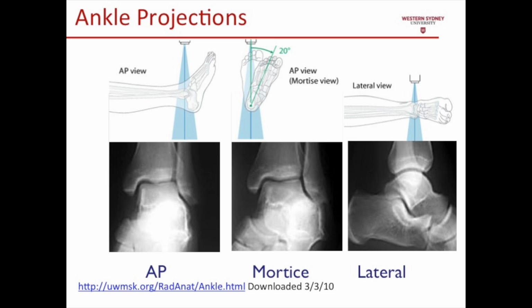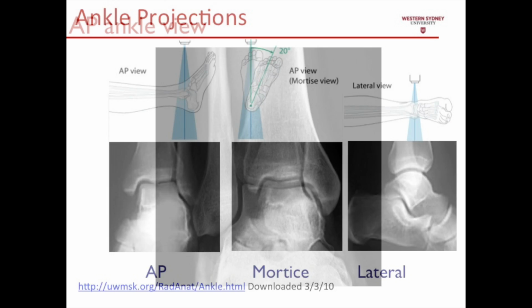And we can see the key difference between the AP and the mortise would be in the mortise view, we actually allow the foot to internally rotate to around 15 to 20 degrees. The process of this is that it actually opens up the joint, the syndesmosis, between the tibia and the fibula.